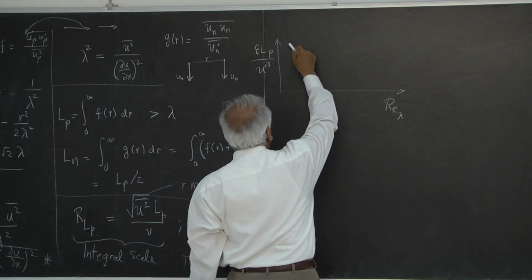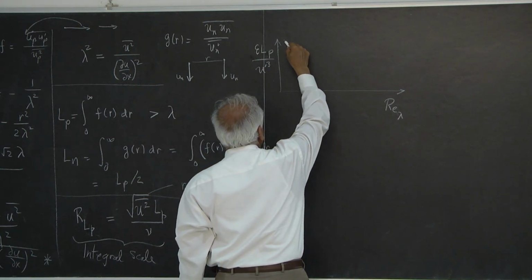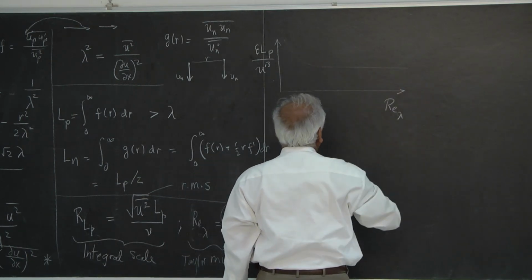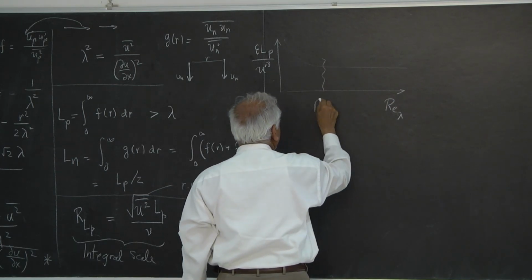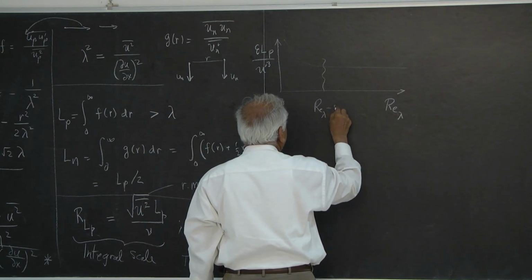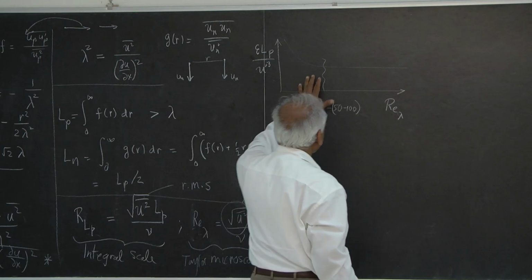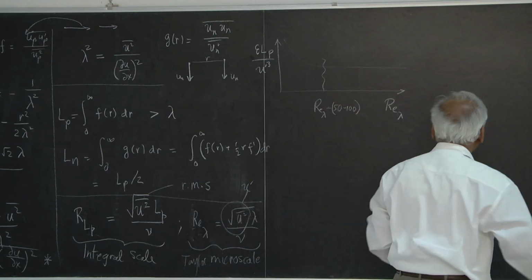And I was telling you the other day, less specifically than this, this sort of comes down, and then beyond a certain Reynolds number, Re lambda, let's say 50 to 100, something like that, in that range and beyond, it sort of flattens out.